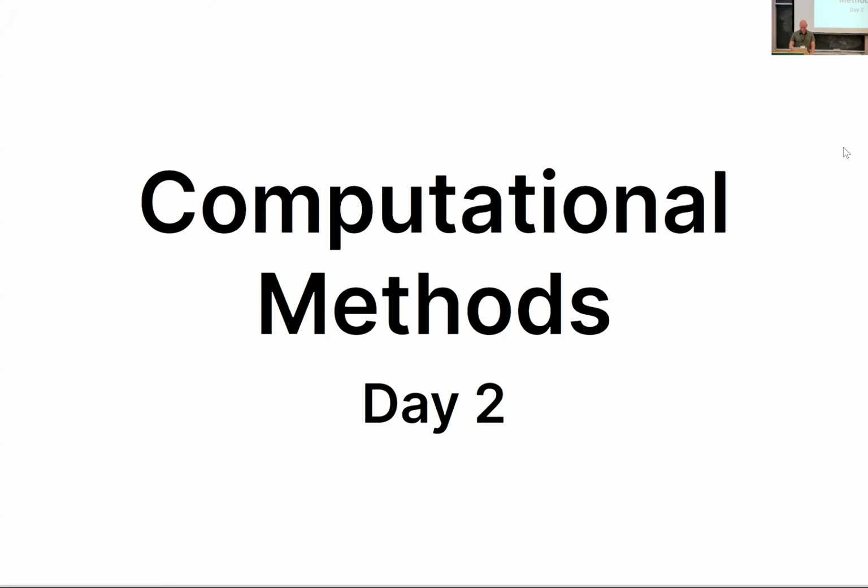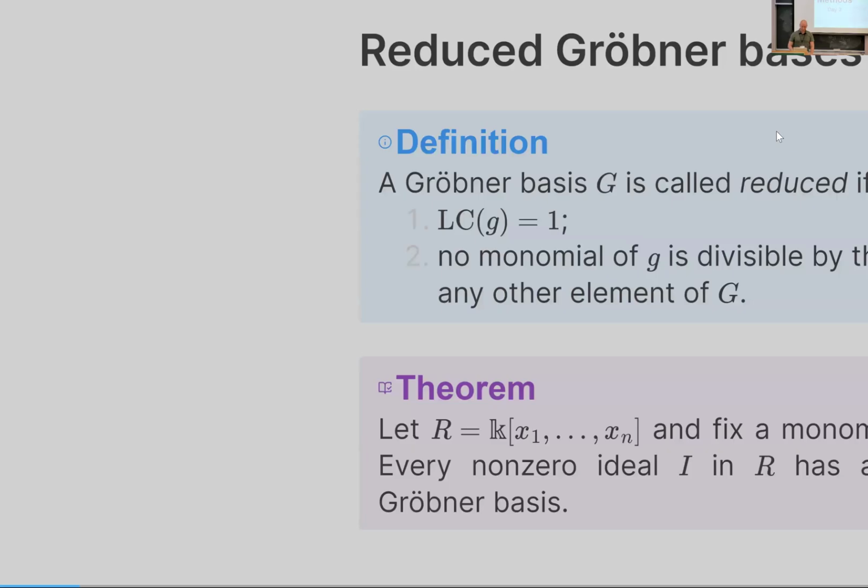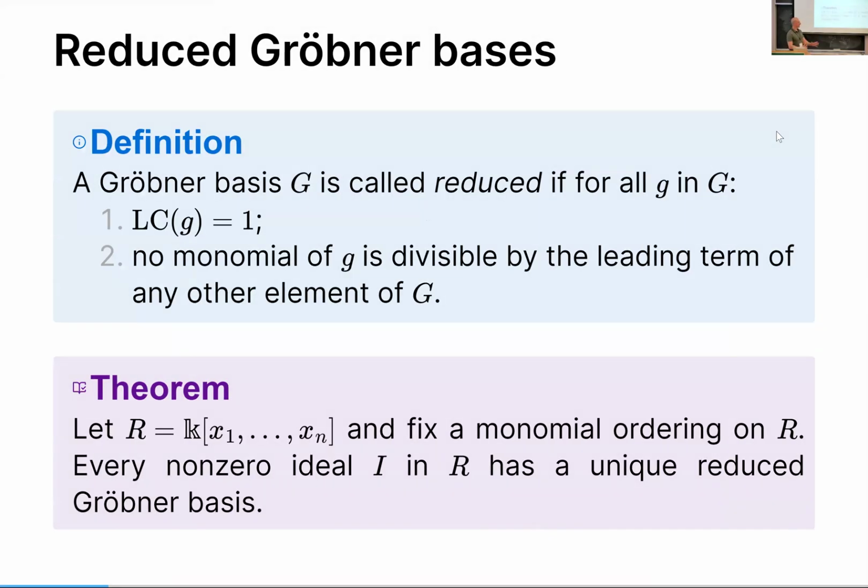I would like to first say something technical but useful. I don't know if you had a chance to get to those problems that ask you to compute Grobner basis by hand. Maybe some have, maybe some haven't. Maybe you can try later. And maybe some of you have already played around with software that can compute Grobner basis.